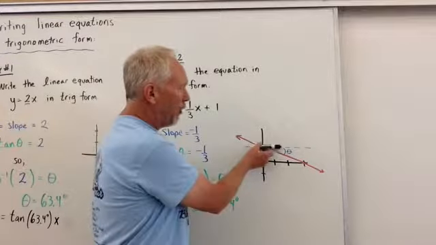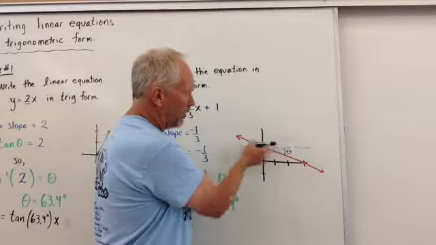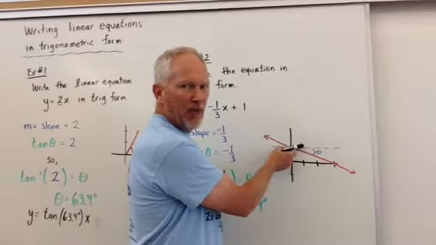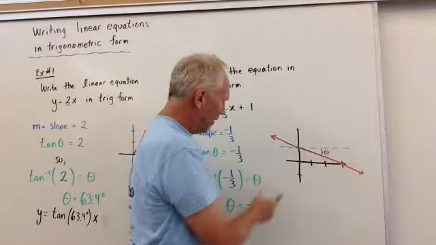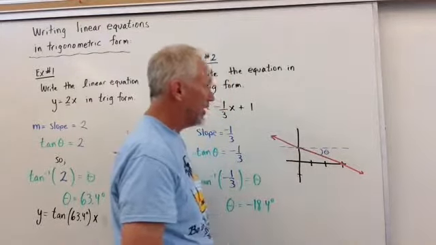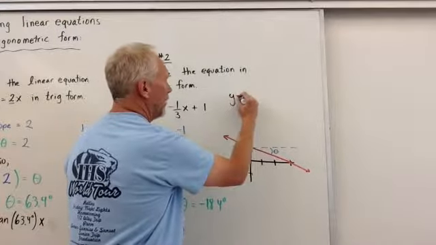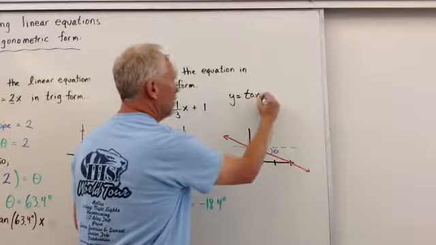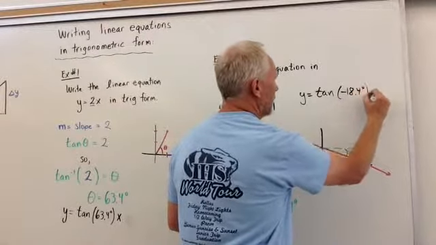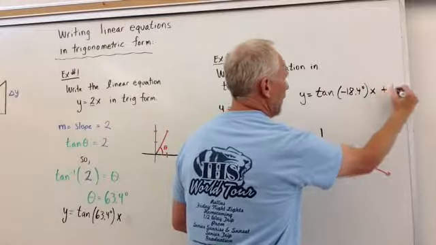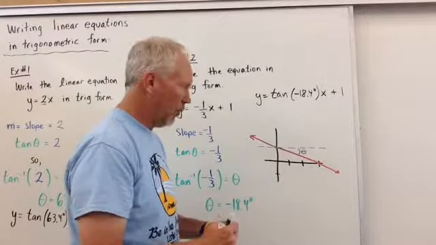And if I make a horizontal line through that y-intercept and then turn down, we know that's going to be negative 18.4 degrees. So then our equation will be y equals tangent of negative 18.4 degrees x plus 1. All right, we get that same way.